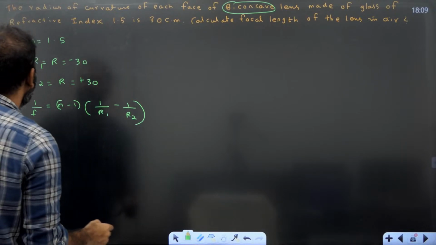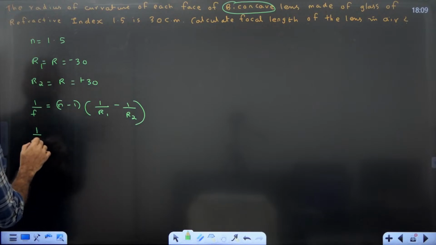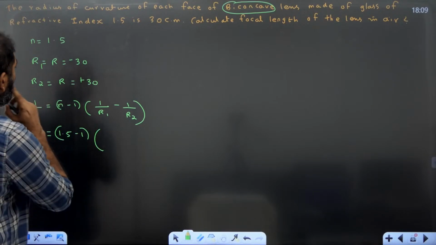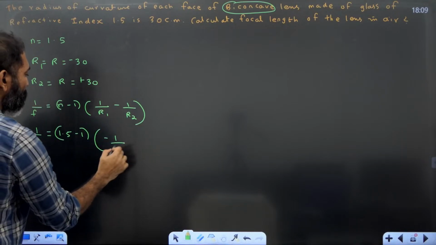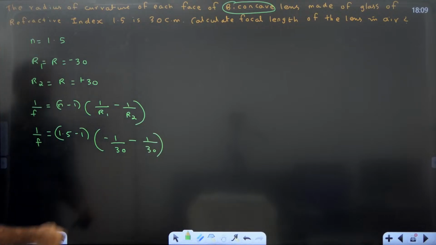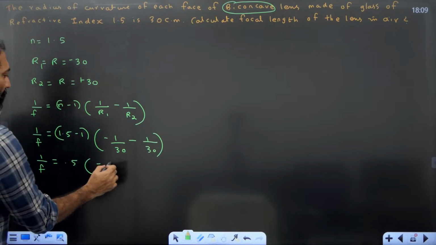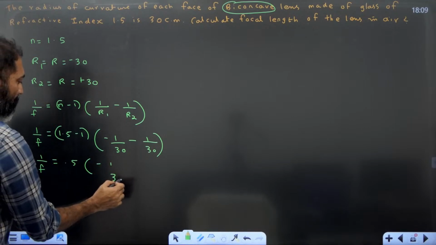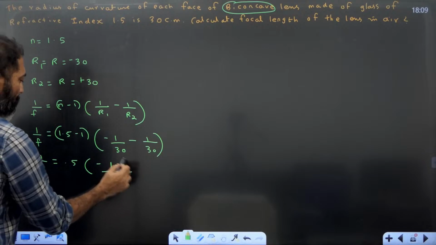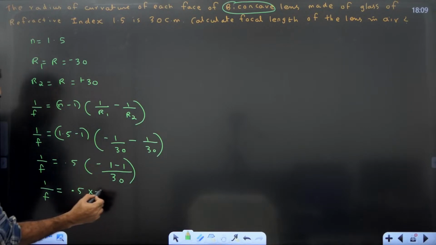Now what do we have to find out? Focal length. So 1 by f is equal to refractive index 1.5 minus 1 into 1 by R1, which is minus 1 by 30, minus 1 by R2, which is plus 30. So 1 by f is equal to 0.5 into, if you take LCM, minus 1 minus 1, that is 1 by f equal to 0.5 into minus 2 by 30.